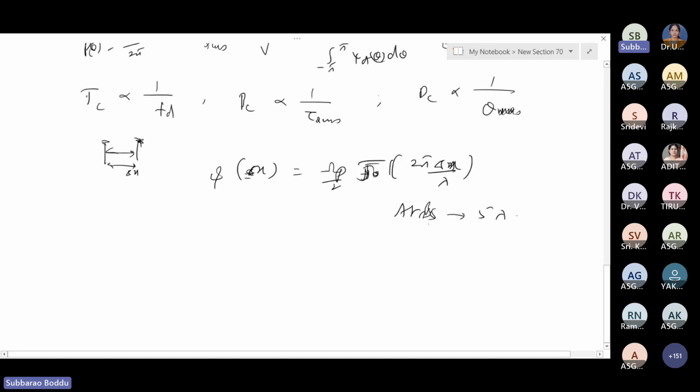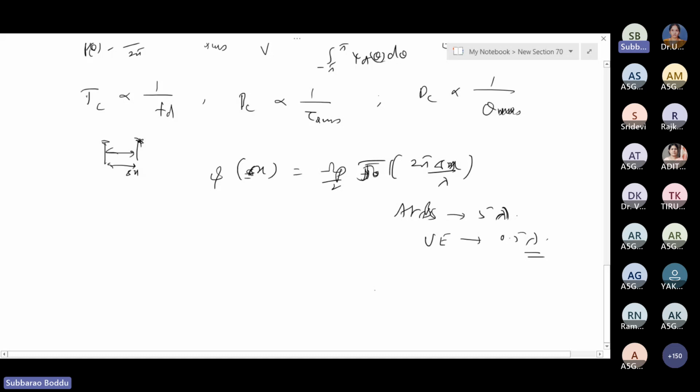Whereas at the user equipment, it is 0.5 lambda. The spacing is lesser at the user equipment, and at the base station it is usually more, 5 times lambda. It depends.